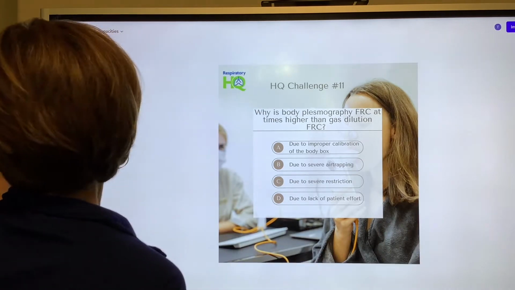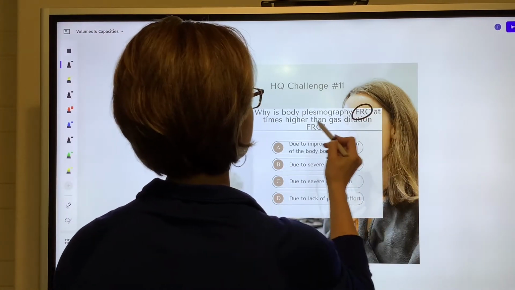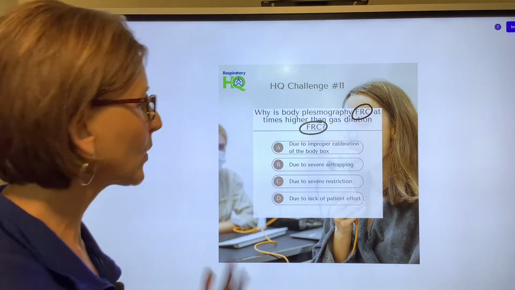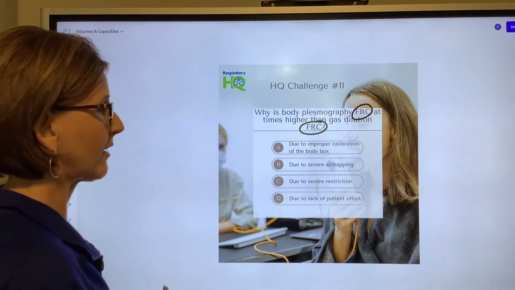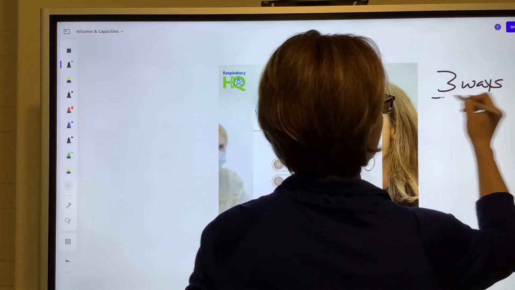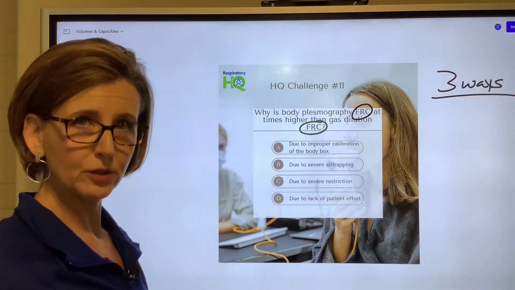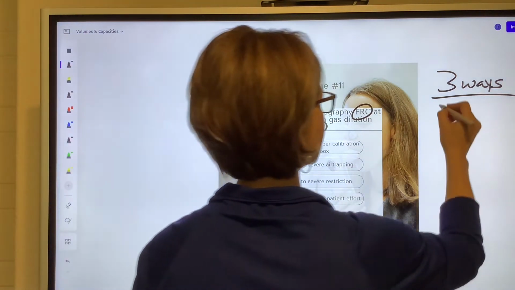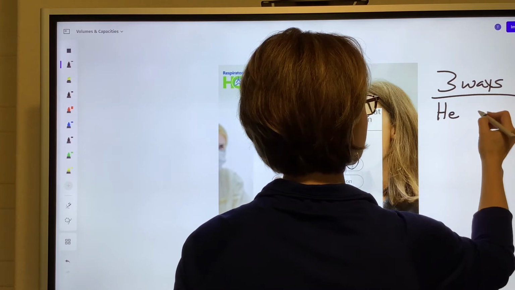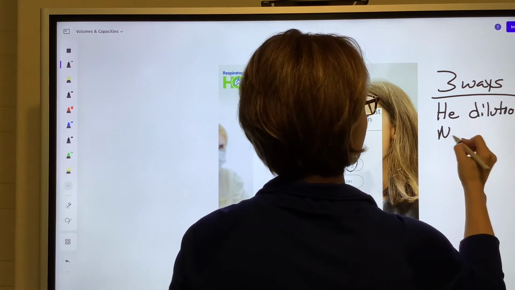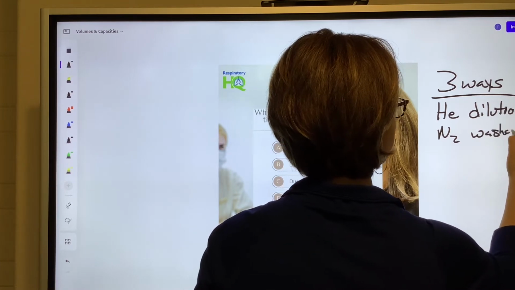FRC is what remains in the chest after a normal exhalation. There are three ways to measure FRC. We can use gas dilution techniques. This is an indirect measurement of FRC. So this is the helium dilution test and the nitrogen washout test.